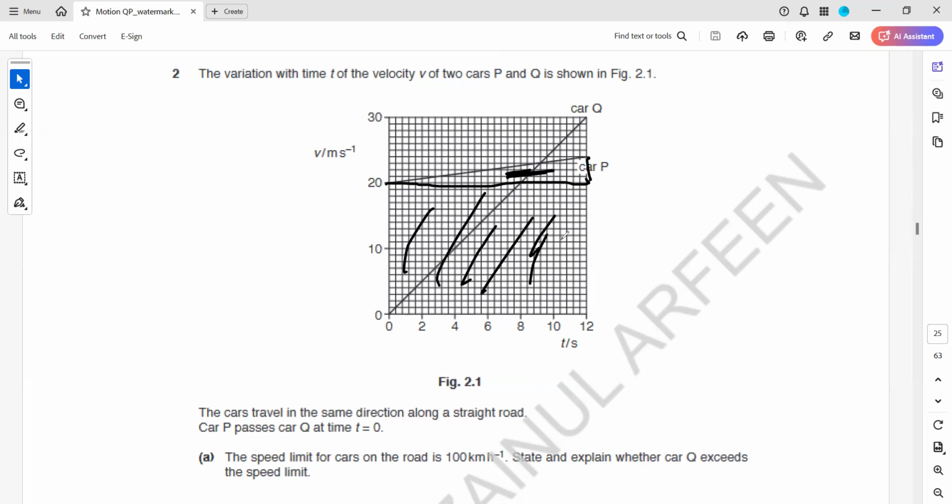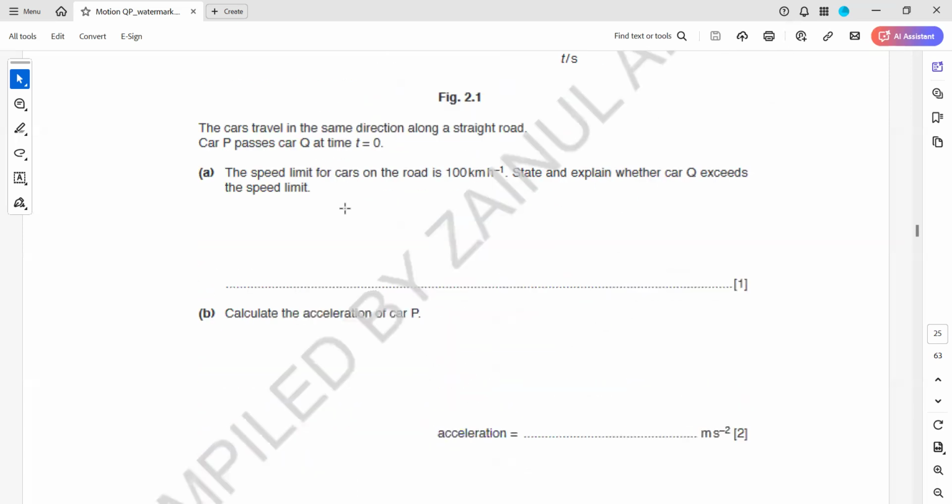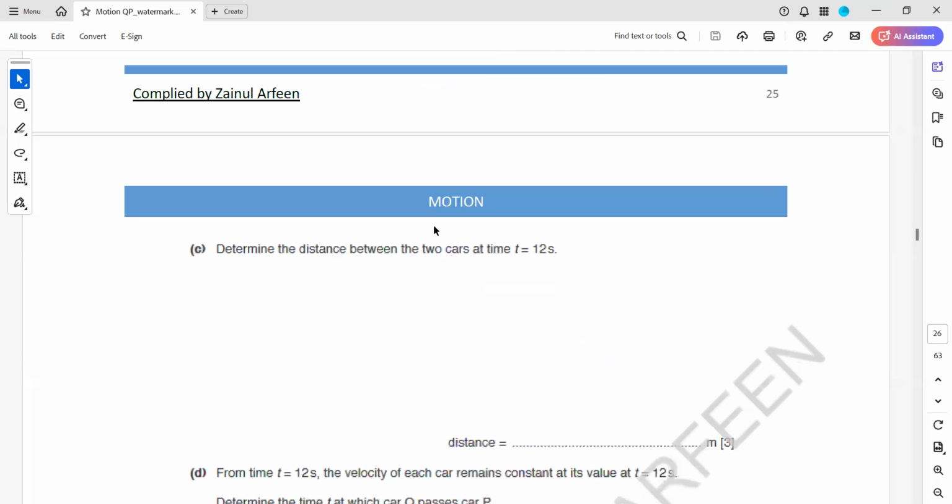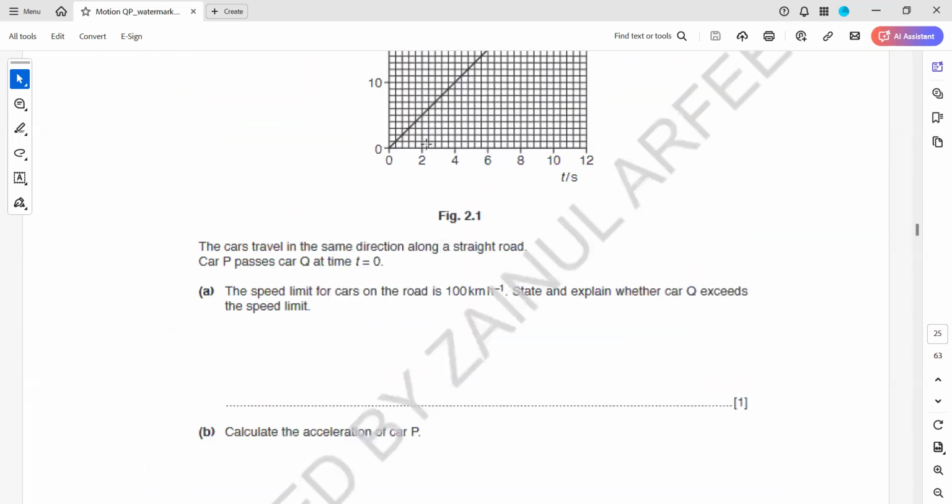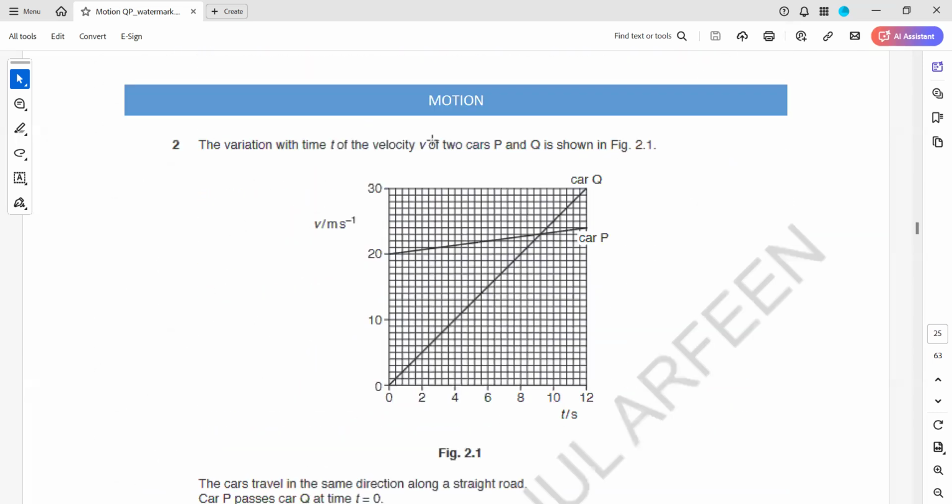So the area of a triangle and the rectangle, and just take a difference, because what we need in the question is the distance between the two cars at 12 seconds. So we'll determine the distance traveled by Q and the distance traveled by P. If I need the distance between the two cars, I will just take the difference of the distance they total cover.